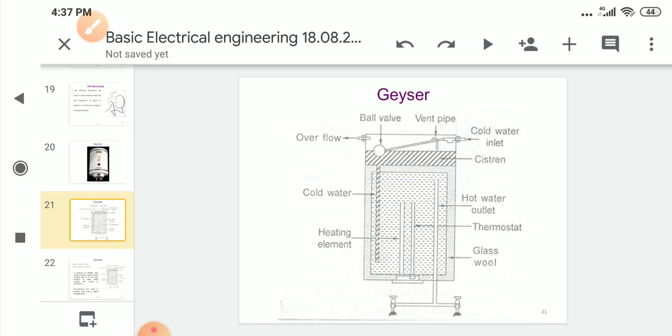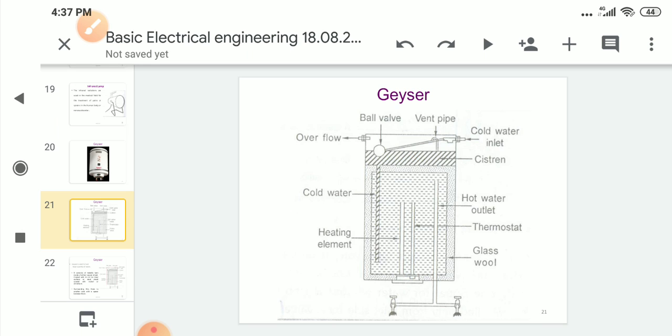And for safety purposes, it is provided with temperature and pressure relief valves also. This valve opens if either the temperature or pressure of the water exceeds its safe limit. If it exceeds, then the valve will automatically open.